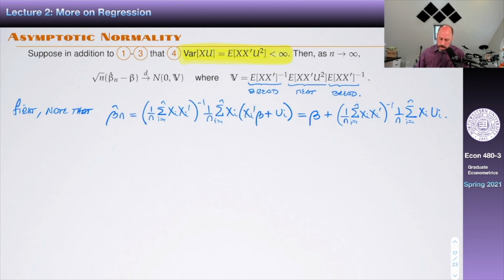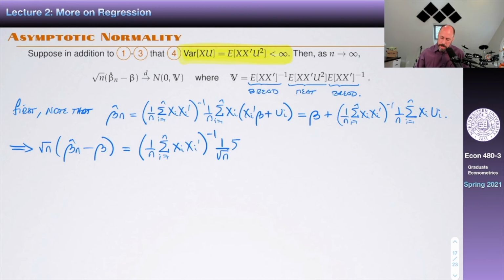And by doing this, we see immediately that we can write square root n (beta hat minus beta) as (1 over n sum xi xi prime) inverse times 1 over square root n sum xi ui.